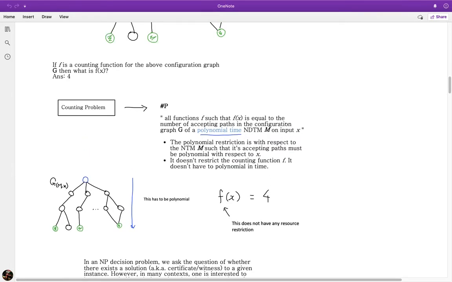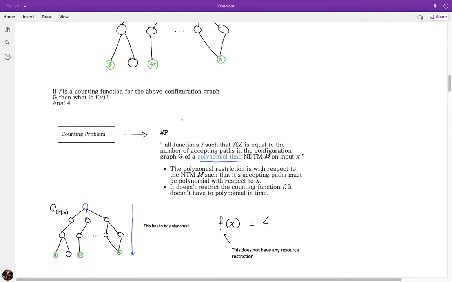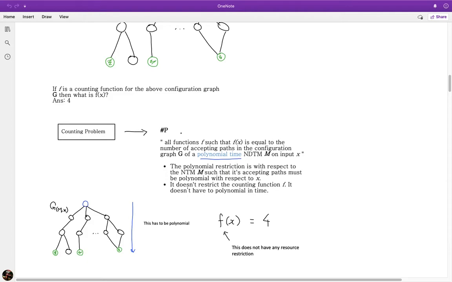So this is an important definition, and it might be misleading if not given attention, because we are specifying a polynomial time non-deterministic machine M. So we have to be very clear when we define this class, because we might misinterpret it.